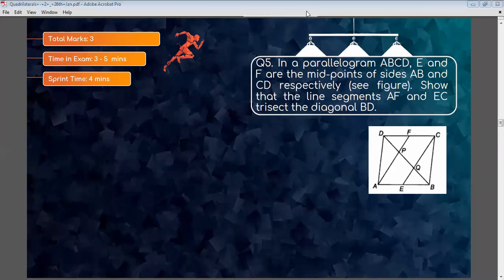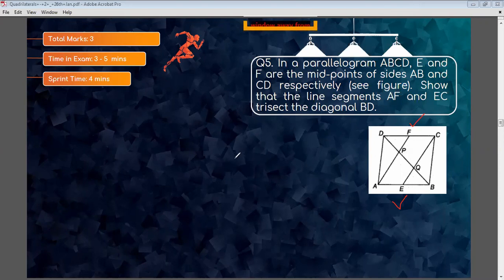Parallelogram ABCD. E is the midpoint of AB and F is the midpoint of CD. Show that lines AF and EC trisect the diagonal. Trisect the diagonal means into three equal parts.